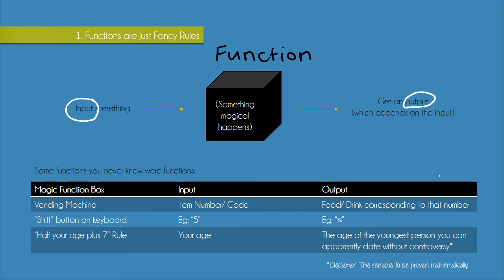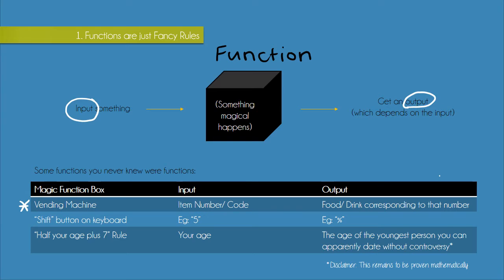And in the table here, I have a few examples of functions from real life that you'd be familiar with. So the first one I have here is a vending machine. So a vending machine is just like a function. We have to input an item number or code corresponding to the food or drink that we want to get.